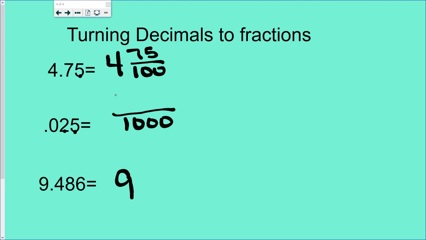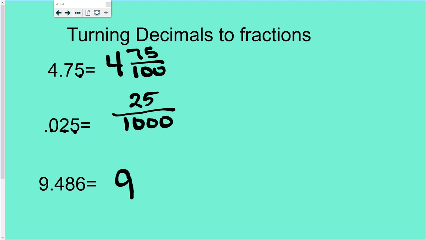And then my number that's there goes up on the top, so I have my 25 up there. So that's 25 1,000ths. Again, we have to look at how many digits are after the decimal point. And that's how many zeros go over here. 2 digits after the decimal point, 2 zeros in my denominator. 3 numbers after the decimal point, 3 zeros in my denominator.